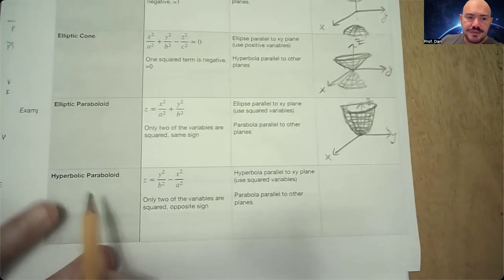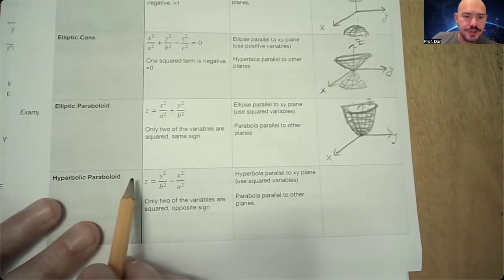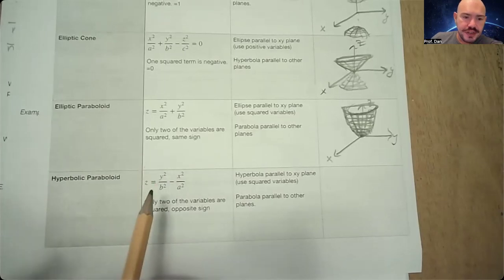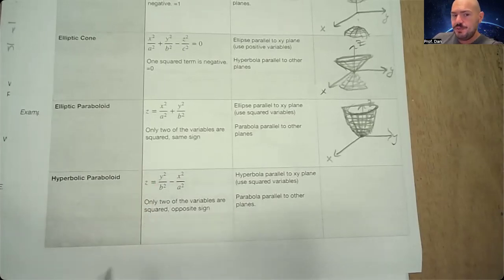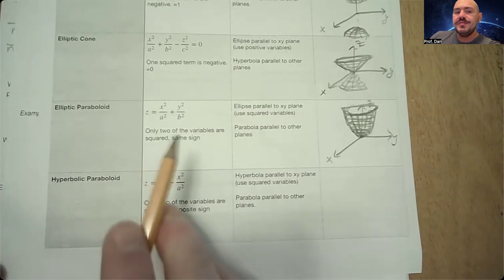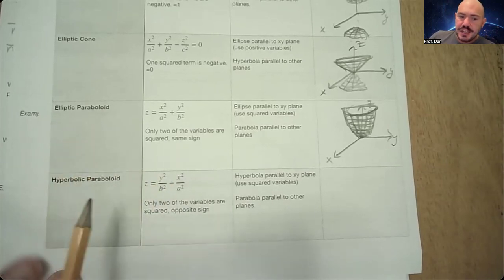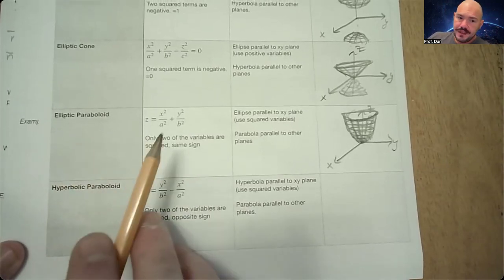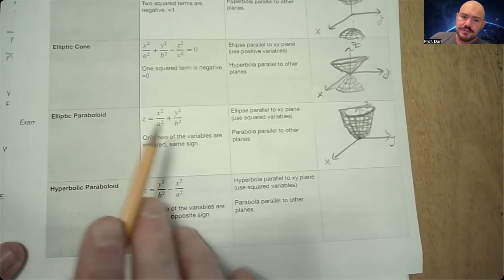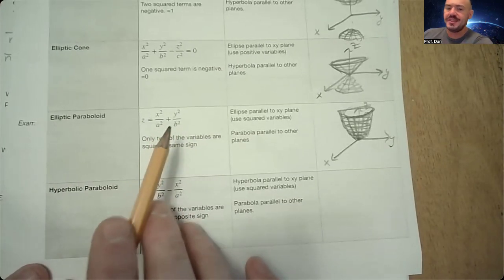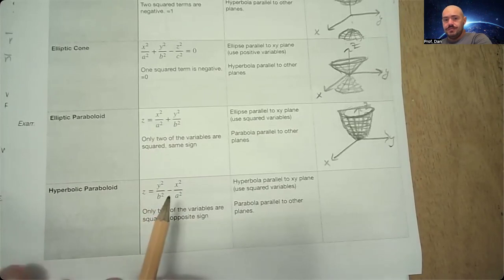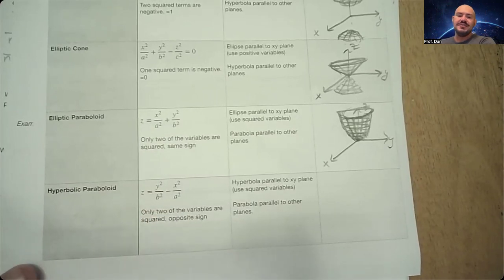And then lastly, we have our hyperbolic paraboloids, which is another one where we only have two of the variables squared. The difference between elliptic and hyperbolic is that in one, both squared terms have the same sign. In the other, the squared terms have opposite signs.